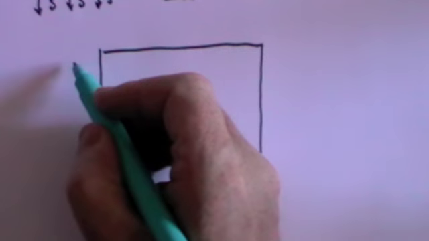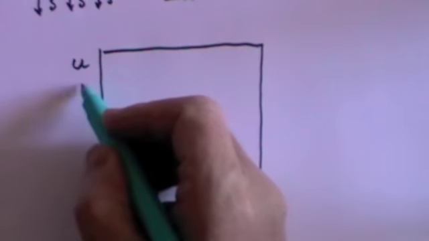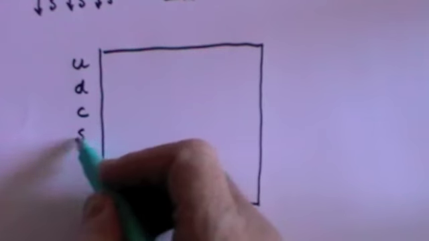I said that you could create a meson that would always be a quark-antiquark combination, so we can pretty easily draw the diagram. And if we're going to have a quark-antiquark combination, the possible quarks, of course, are up, down, charm, strange, top and bottom.